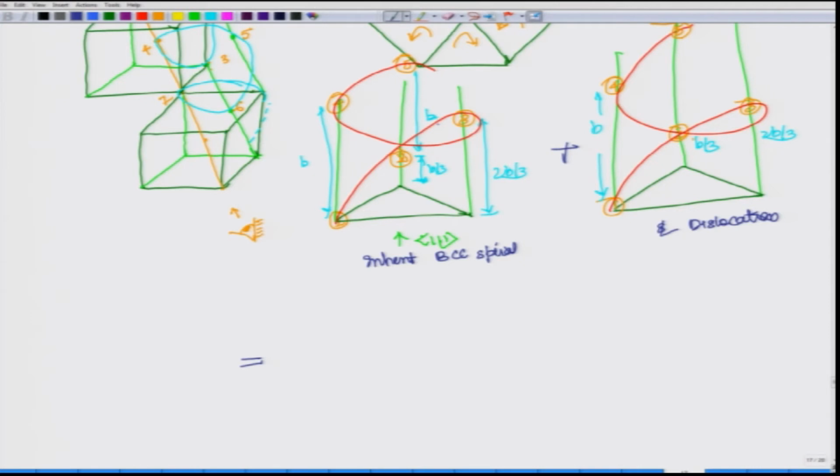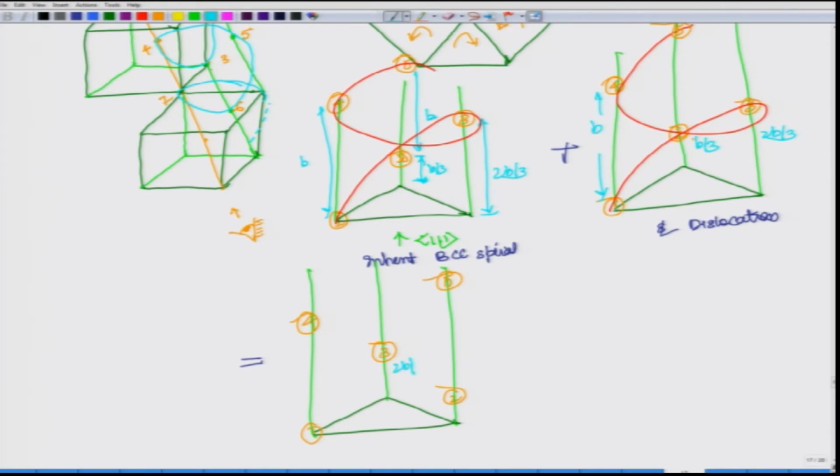So, this will become 2 b by 3, here this is 2 b by 3, this is 2 b by 3. So, this becomes 4 b by 3, and there another atom which was over here, it will also come over here. So, this will become b by 3. Let us see what I am trying to say. The final outcome would look like this. It means that the spiral, now you can see, and let me mention the dimensions.